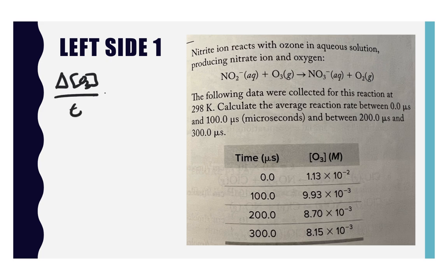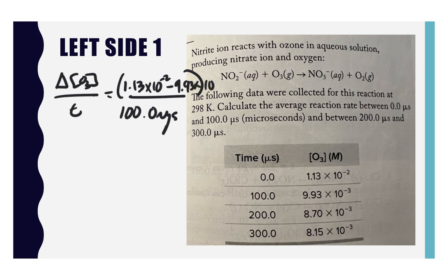Okay, so the time obviously from 0 to 100 microseconds would be 100 microseconds. And then in terms of change in the concentration, I need to go ahead and subtract, which would be the higher from the lower, which is 1.13 times 10 to the negative second minus 9.93 times 10 to the negative third. Sorry, that's a little messy.